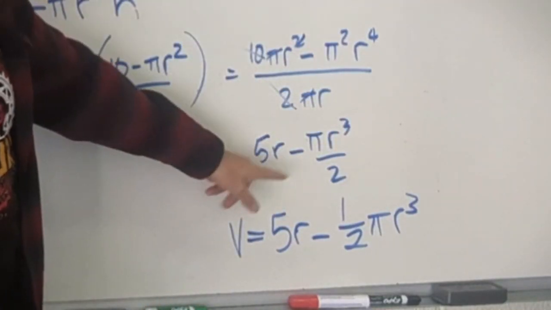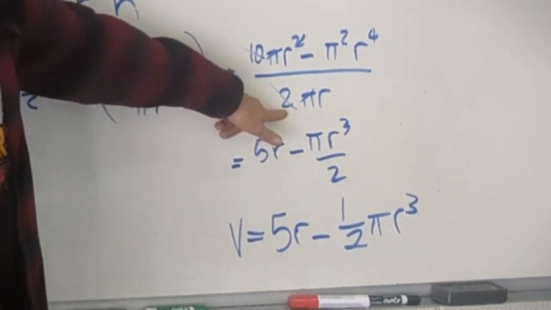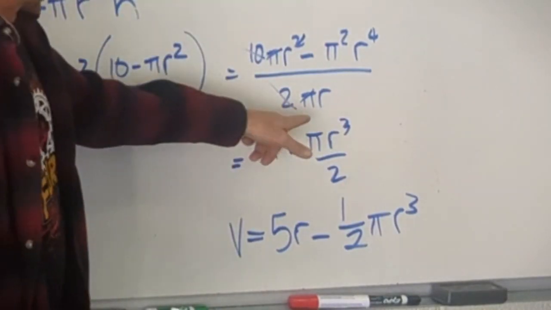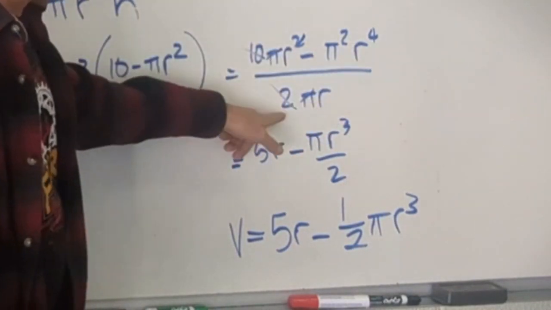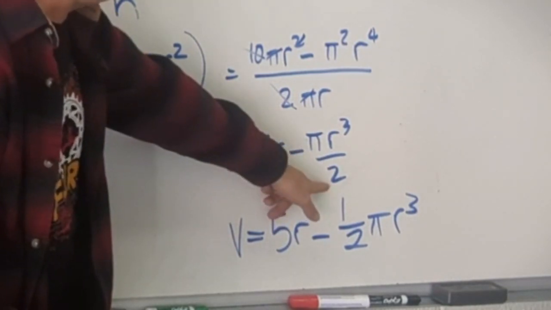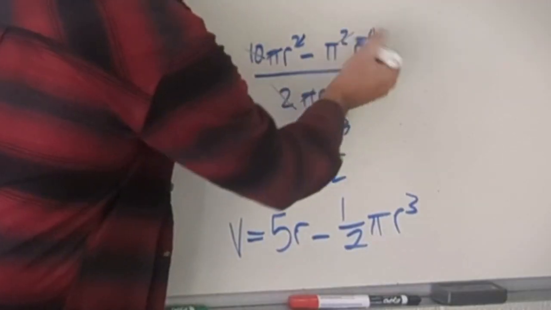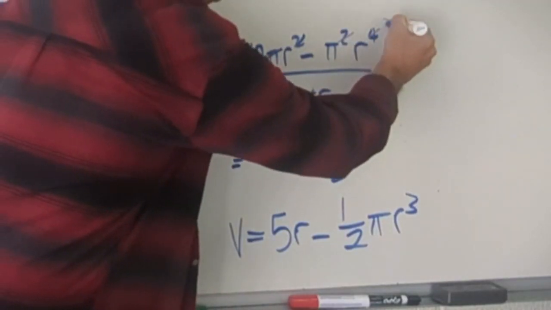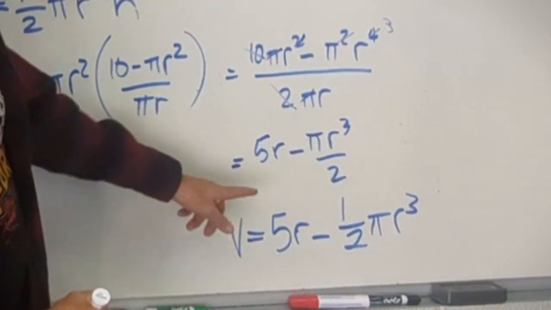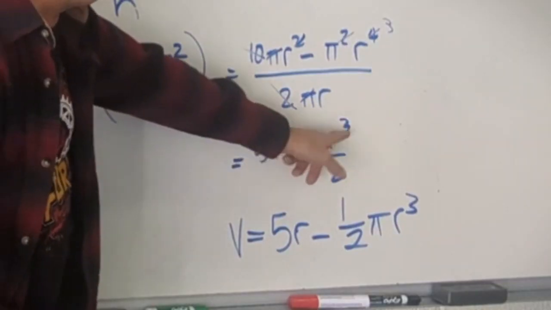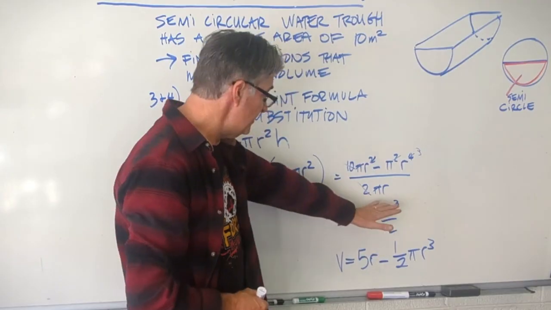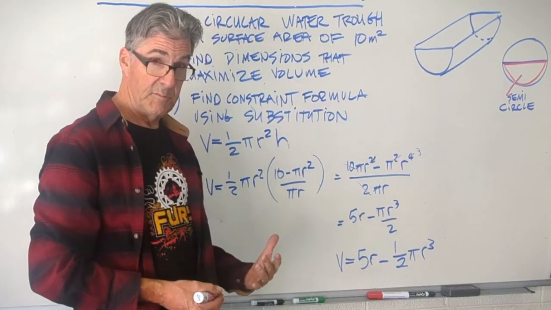Okay, and it's not under a fraction because we got a 5 divided by the 2. Okay, now I'm going to do 2 pi r on that term. We handled the 2 already. The pi here is going to cancel one of the pi's, and the r is going to cancel one of the r's. So we wind up with 5r minus pi r cubed over 2. So that's my formula. That's my volume formula.